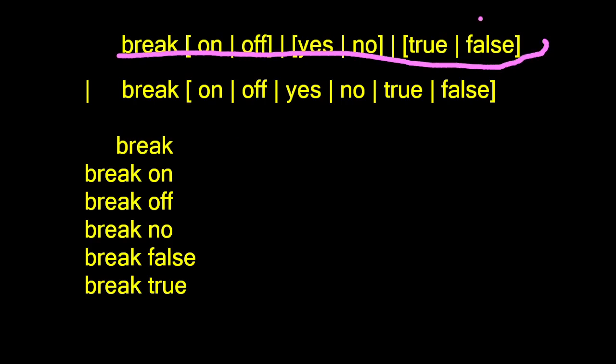Remember, there are split vertical bars here. See? There are split vertical bars here, here, here, and here. Not that one. In between on and off. Okay. How can we run this?